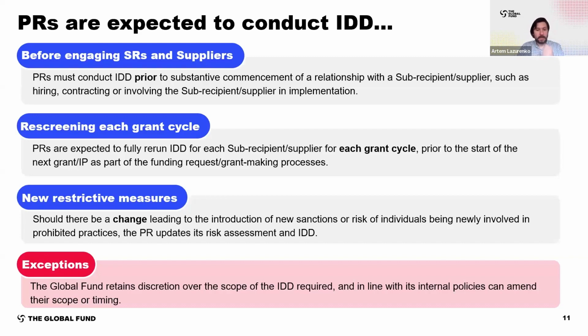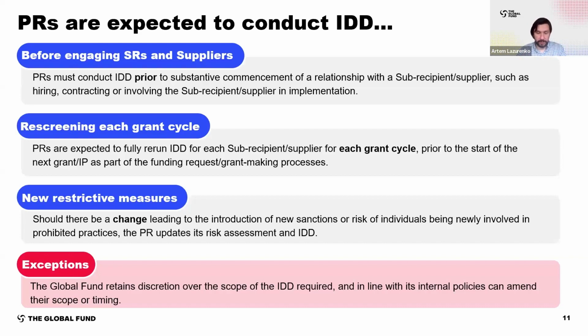Now, I have mentioned this previously, and let me say this again here, that the scope of IDD can be subject to exceptions. The contexts that our PRs operate in are highly different. And in some cases, the Global Fund needs to make specific measures to provide for the particularly sensitive conditions in which some of our PRs operate, in very fragile contexts and contexts of active conflict.